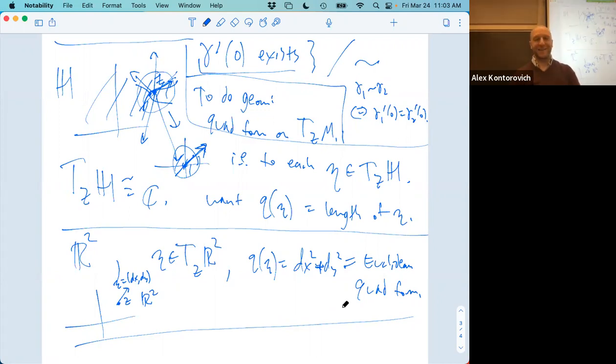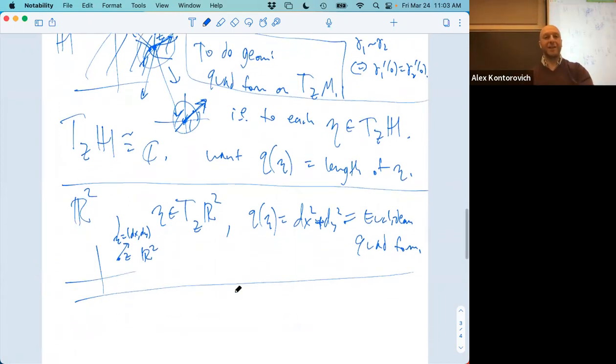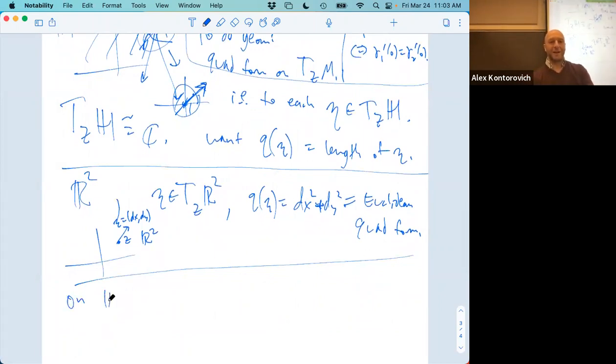That's the next thing we're about to do. On the upper half plane, what quadratic form will I take? I'll take the same two derivatives in x and two derivatives in y, divided by y squared.